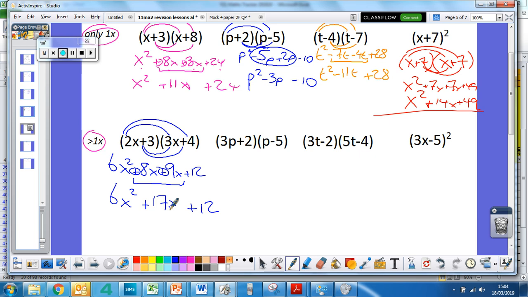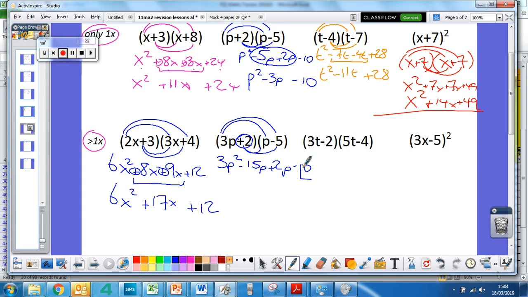Again, the same process. 3p times p, 3p squared. 3p times minus 5, minus 15p. Second half of this. Plus 2 times p, plus 2p. Plus 2 times minus 5, minus 10.